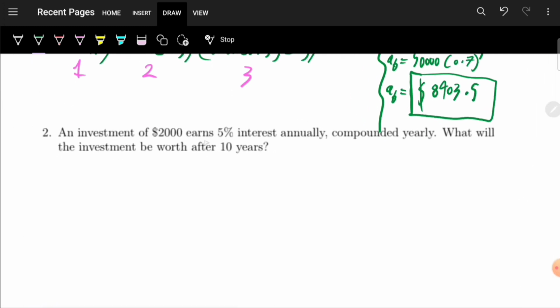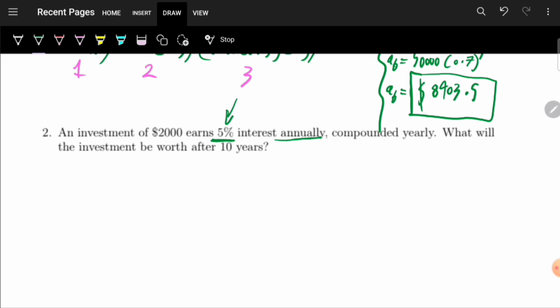An investment of 2,000 earns 5% interest annually, compounded yearly. We haven't really talked about what this means, compounded yearly. If you're getting 5% interest compounded yearly, that means you're getting 5% interest each year.